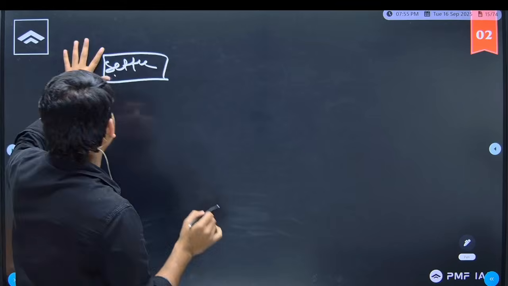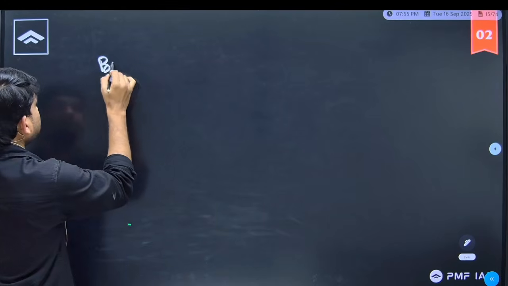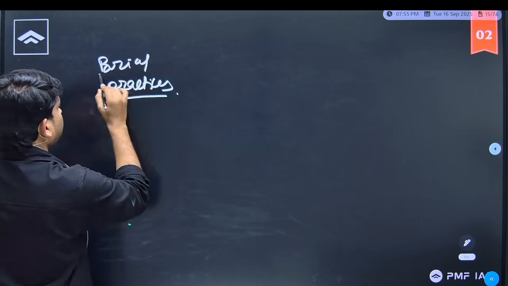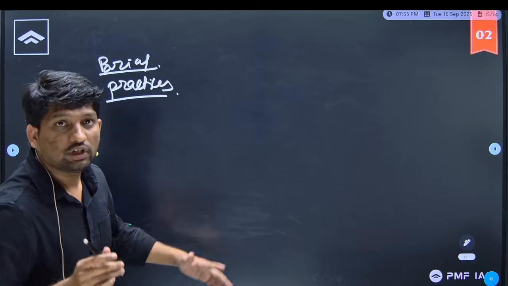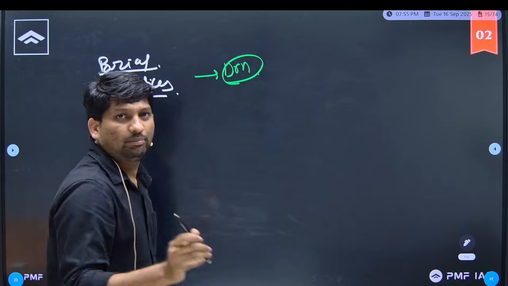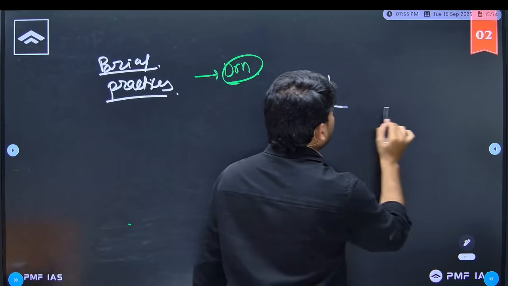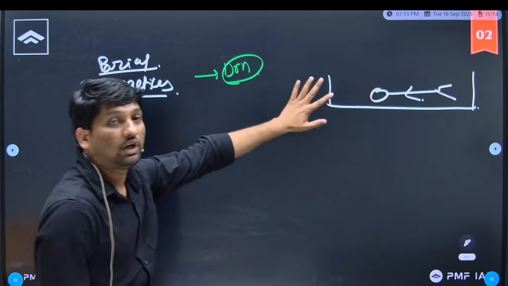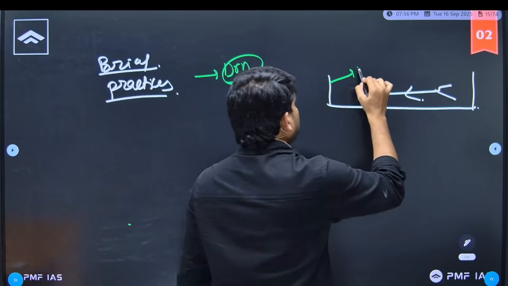First we will see their burial practices. If you consider their burial practices, the dead body was first placed in an urn. What is meant by urn? Urn means nothing but a pot. Suppose this is a pot and they are placing their dead body here. So this pot is called an urn.